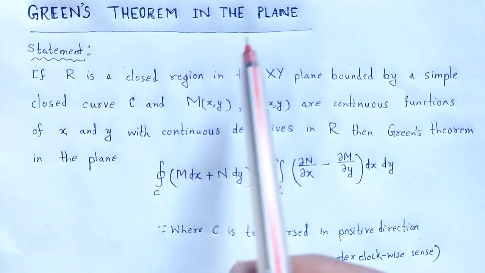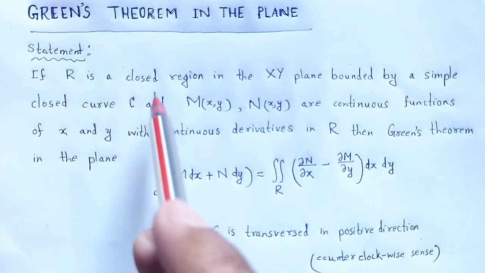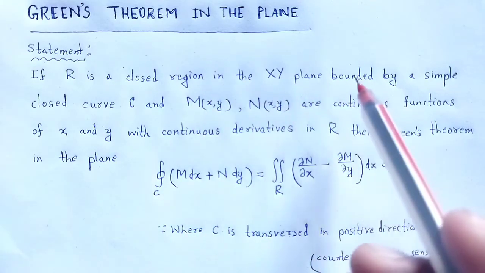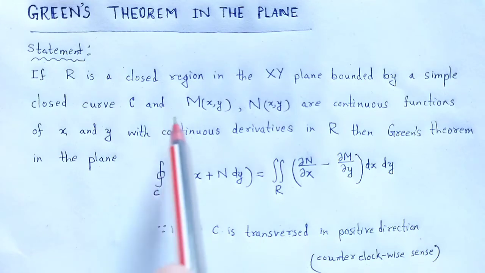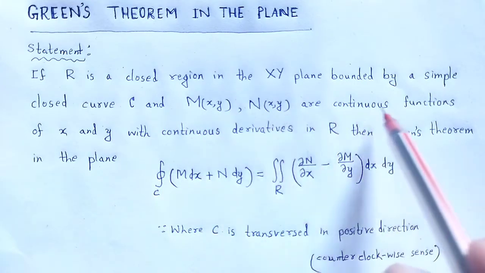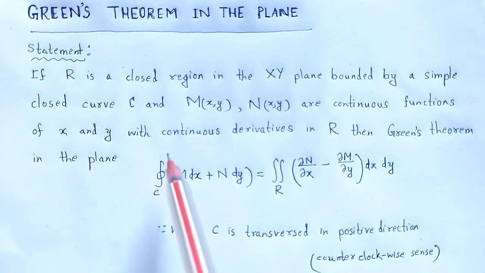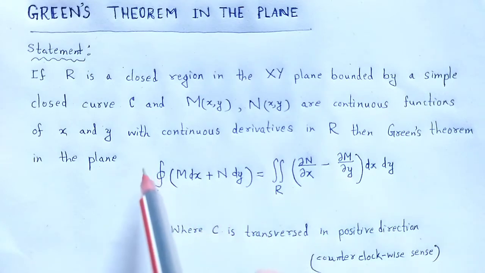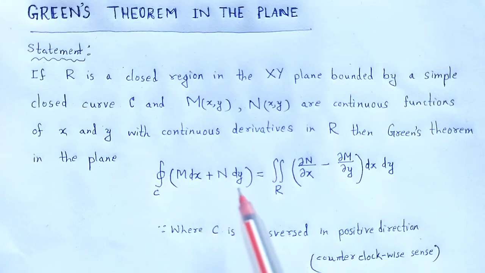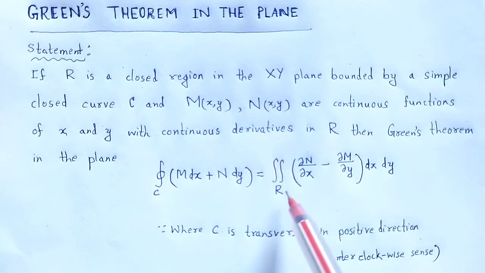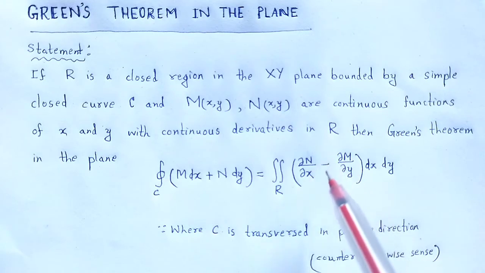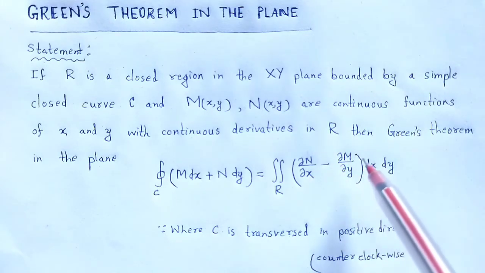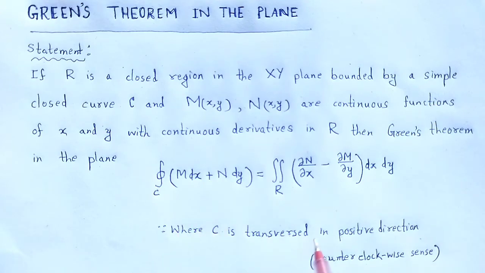The statement of Green's theorem: if R is a closed region in the xy plane bounded by a simple closed curve C, and M(x,y) and N(x,y) are continuous functions of x and y with continuous derivatives in region R, then Green's theorem in the plane is given by the closed curve integral of M dx plus N dy is equal to the surface integral over region R of (∂N/∂x minus ∂M/∂y) dx dy, where C is traversed in the positive direction. That means the counterclockwise sense.